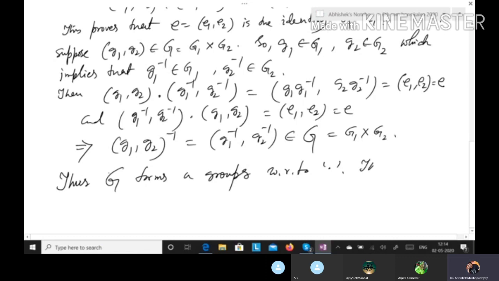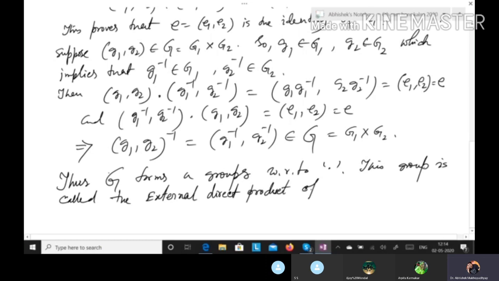And this group is called the external direct product of G1 and G2.